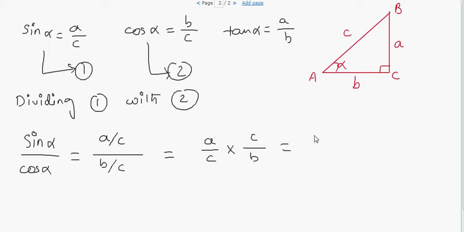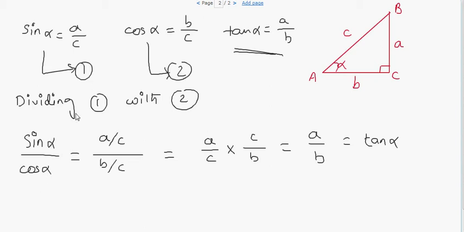That gives you a divided by b, which is same as tan alpha, which is a divided by b.